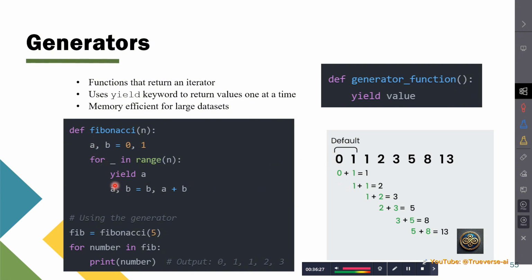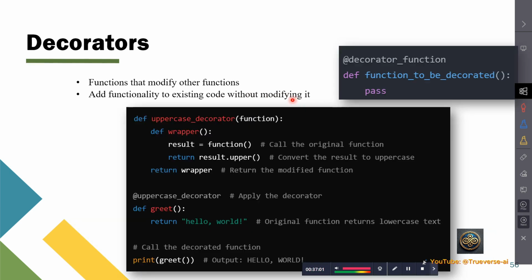Every time a comes, b is repeated. This is a and b. So that makes it like that. This is the result, the Fibonacci numbers. So you use the generator. You use one at a time.